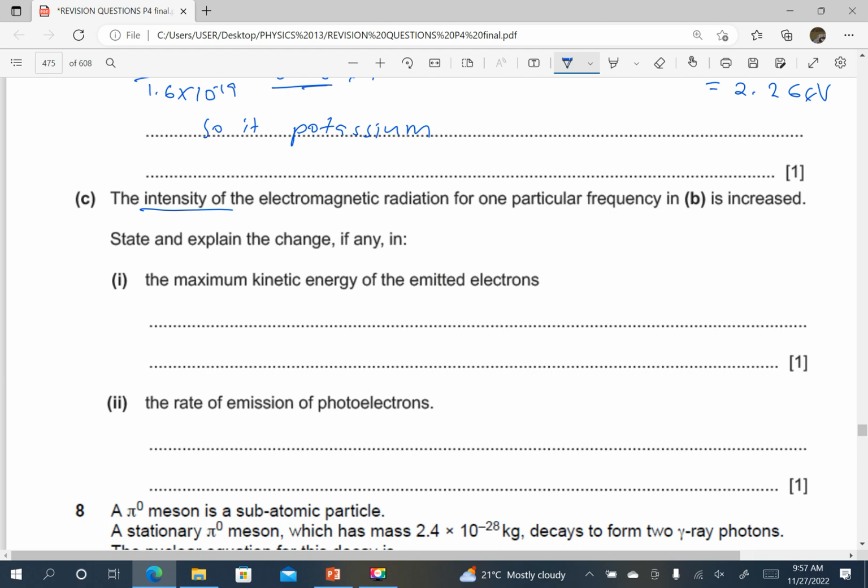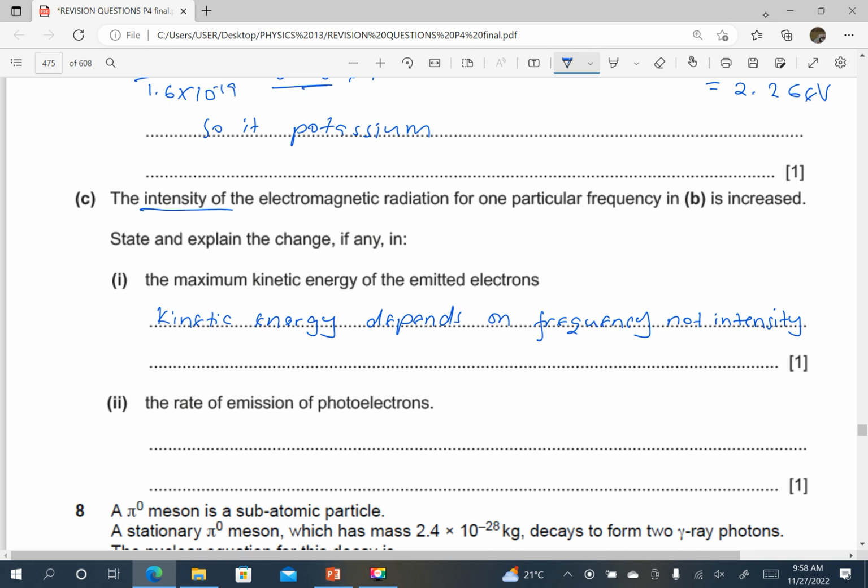Kinetic energy depends on frequency, not intensity.